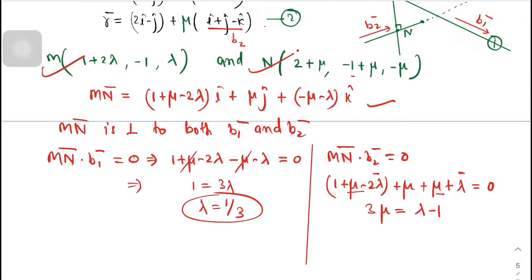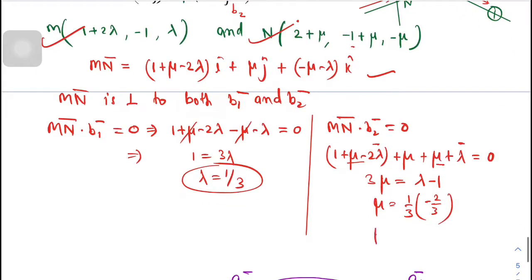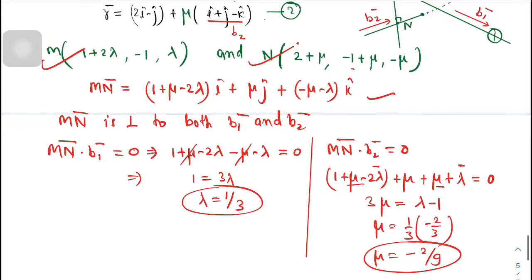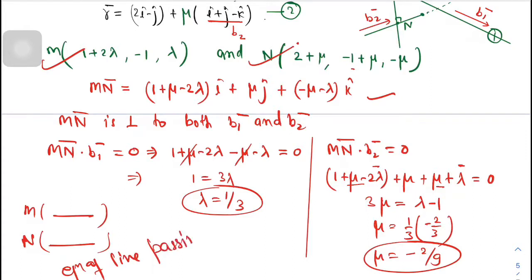So mu will be 1 by 3 times lambda minus 1, which will be minus 2 by 3. So mu comes out to be minus 2 by 9. If we put this lambda and mu, we can get what is m, we can get what is n, and then we can write the equation of the line passing through the points m and n.